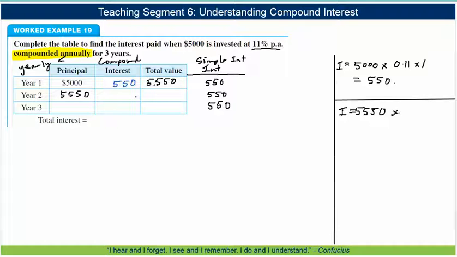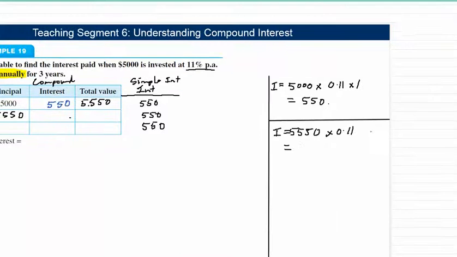But I'm going to copy it down later on. So at this point here, I can put in the formula. What am I going to do with that principal? I'm going to multiply that. Now, so I don't have $1,600.